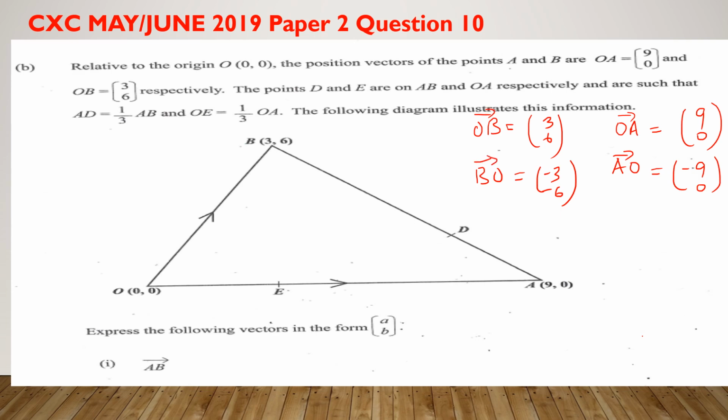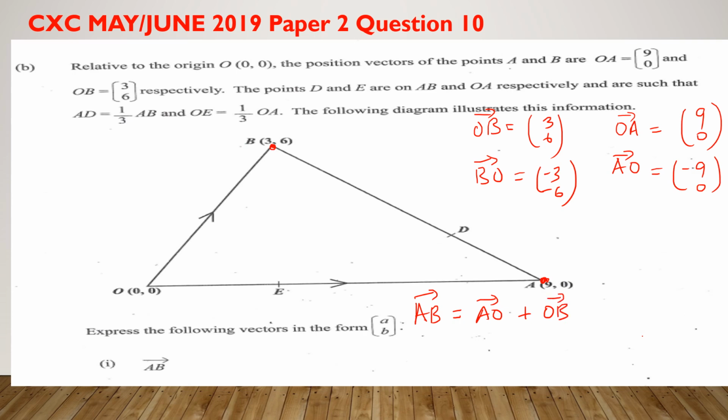So AB, which is here to here, we're going to have AB. We're going to go AO plus OB.